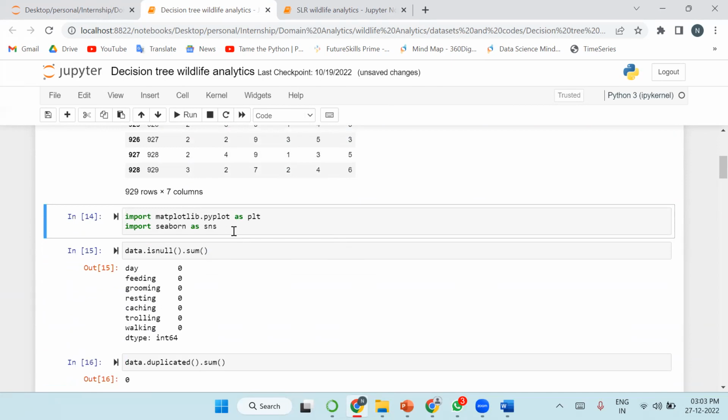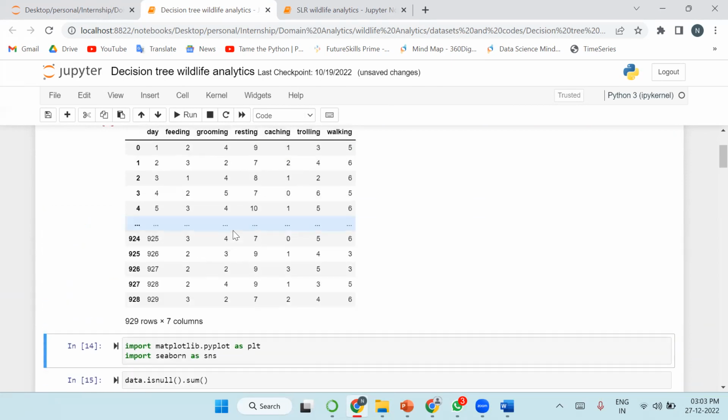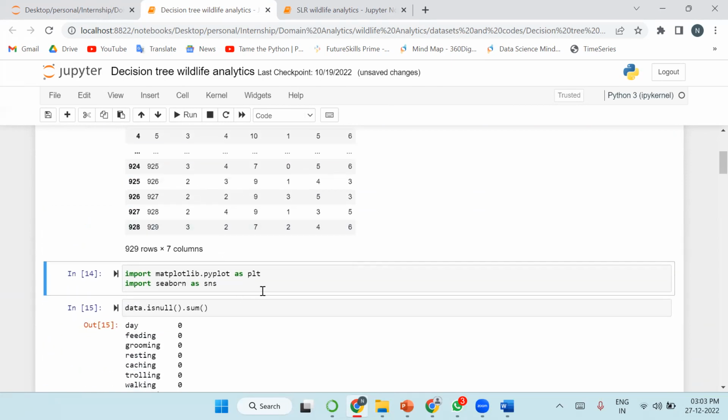For this data to be visualized, we have to import the data visualization libraries, that is matplotlib and seaborn.